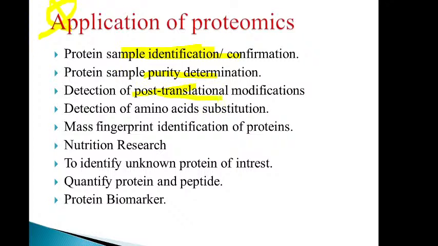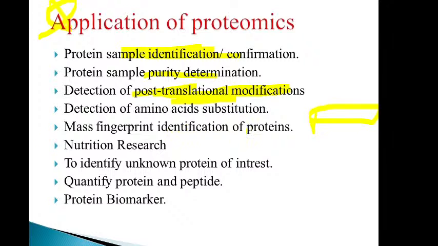Detection of post-translational modifications is an important thing, because after the protein is made, the only thing left is post-translational modifications. With the help of proteomics we are able to know these modifications. We are even able to detect amino acid substitutions.